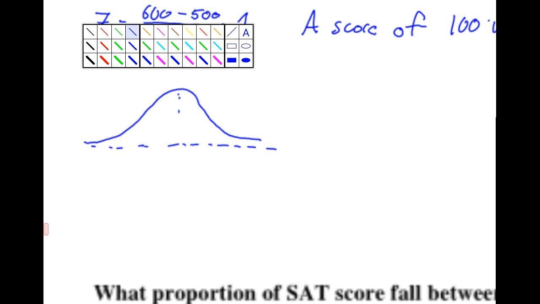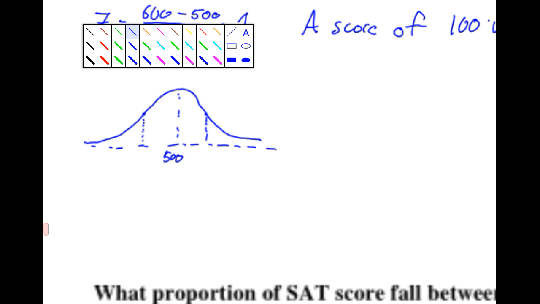Not completely symmetric, but we get the idea. So right here is a score of 500. Our standard deviation is 100, so the inflection point right about there, our first standard deviation, is always the inflection point where the concavity of the curve changes.